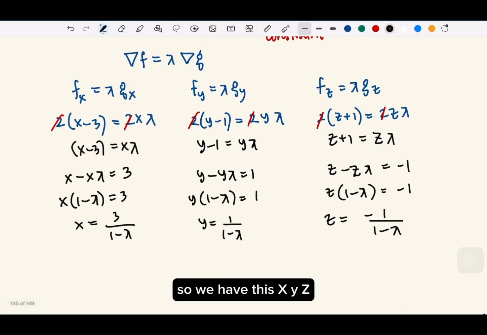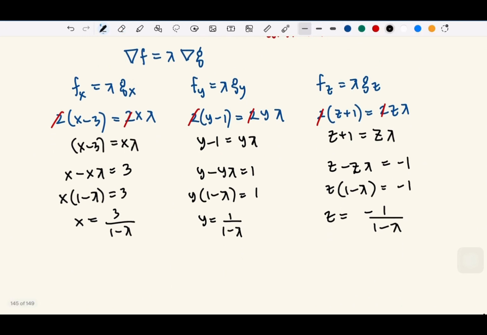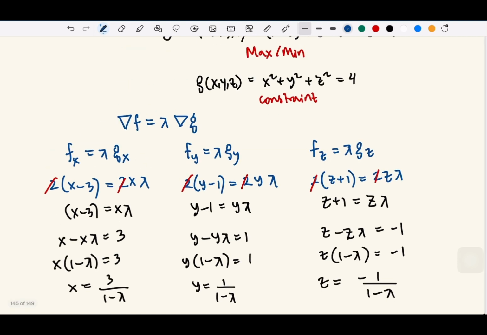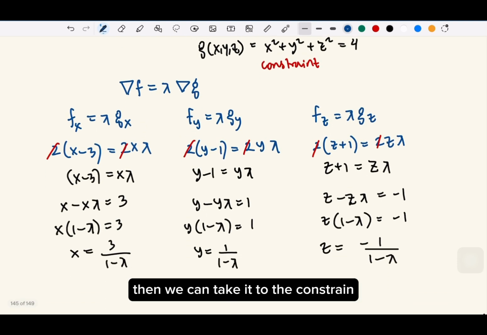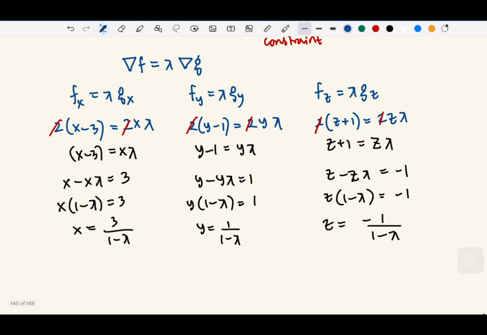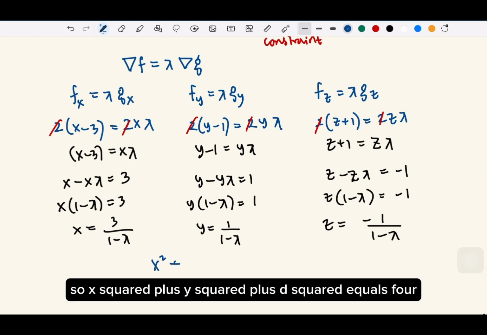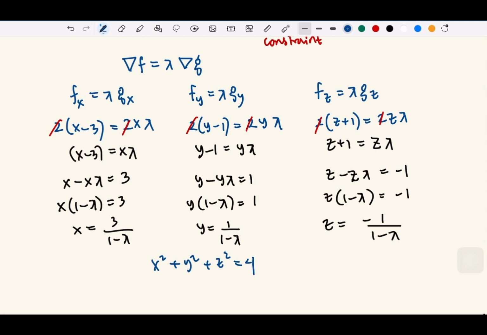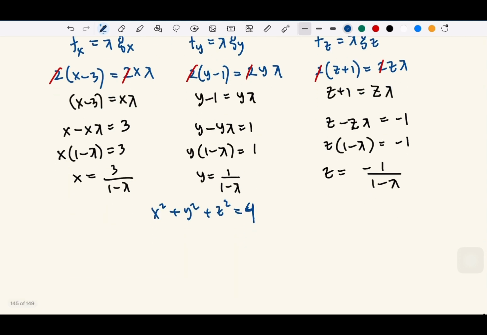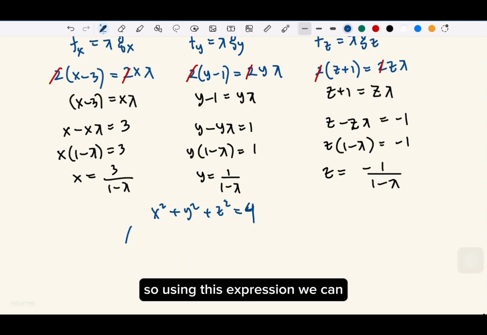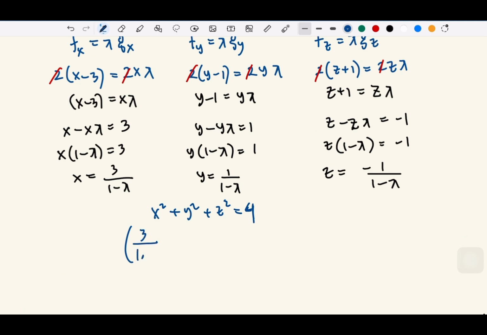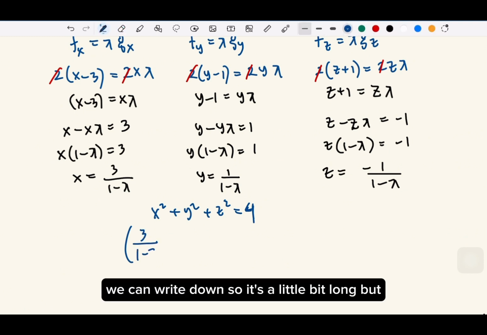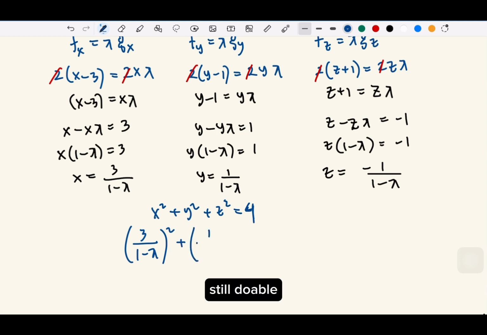So we have this x, y, z. Then we can take it to the constraint. So x squared plus y squared plus z squared equals 4. So using this expression, we can write down. So it's a little bit long, but still doable.